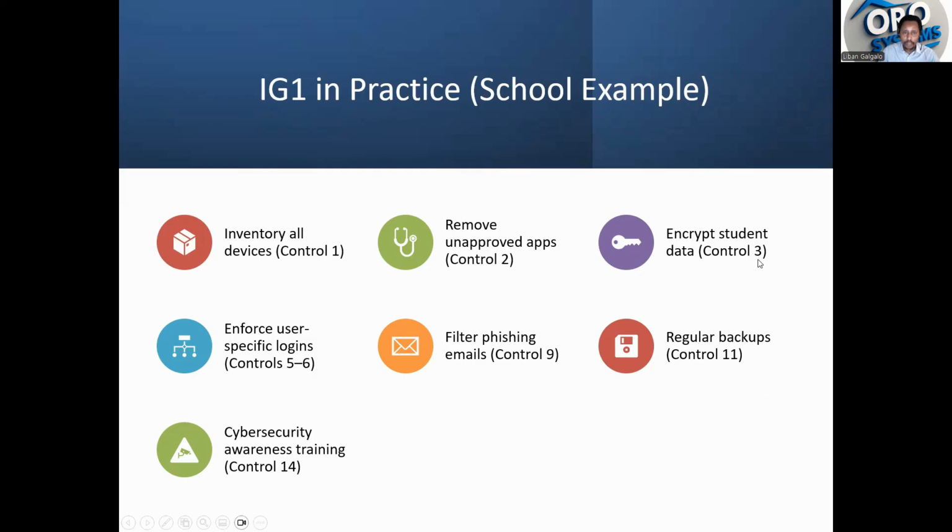Then control 3 is focused on encrypting student data, and filtering phishing email is control 9. So it comes from different controls, and the company can pick: this is what we follow, this is the framework we can put in place. That is just a general example. It doesn't mean you have to follow this, because it depends on the company; they can choose more controls.